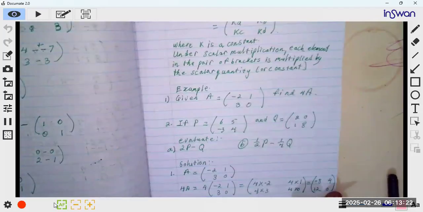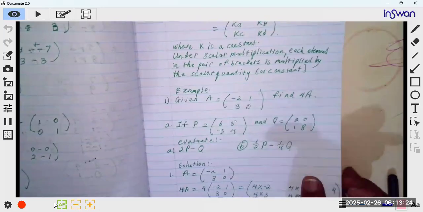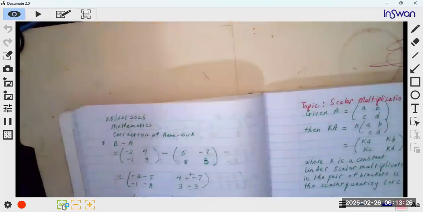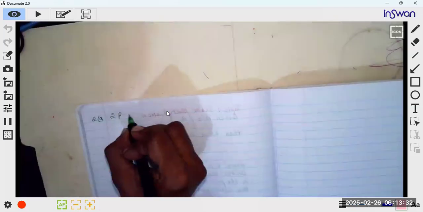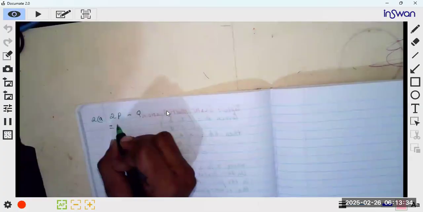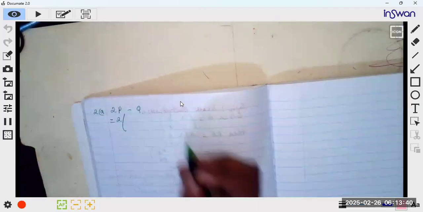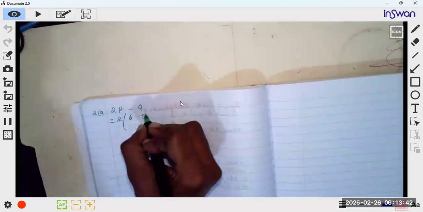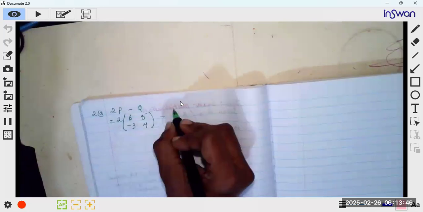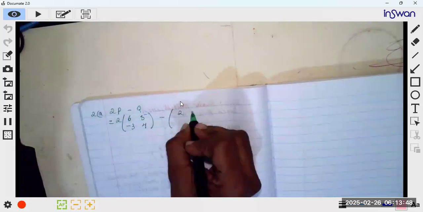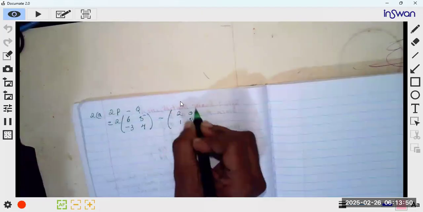2P minus Q. Let's go. Number 2, part A. 2P minus Q. This will be equal to 2 by, what is P? P is given as 6, 5, -3, 4, minus my Q value, 2, 0, 1, 8.